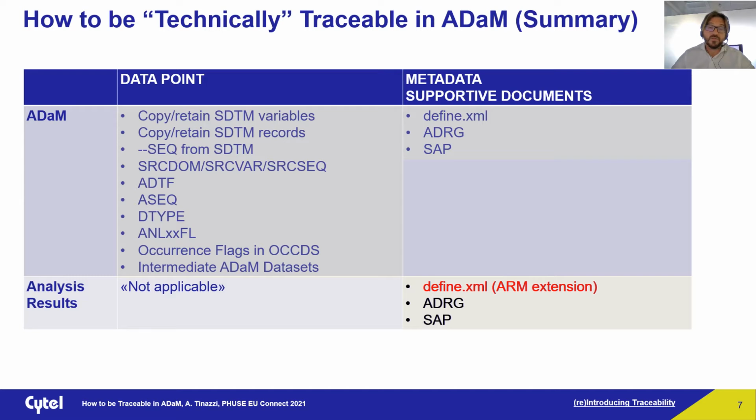Traceability in ADaM might also require metadata for analysis results, although this is not yet mandatory for all agencies. For example, FDA is currently not requiring the analysis results metadata, but this is still a good practice. Furthermore, it's still good practice to keep the original variables and original SDTM records in your ADaM dataset, and the sequence variables, and make use of other standard ADaM variables to denote special cases such as, as I mentioned before, date imputation or record imputation, let's say derivation, or make use of any other standard flags available in ADaM to flag a special case.